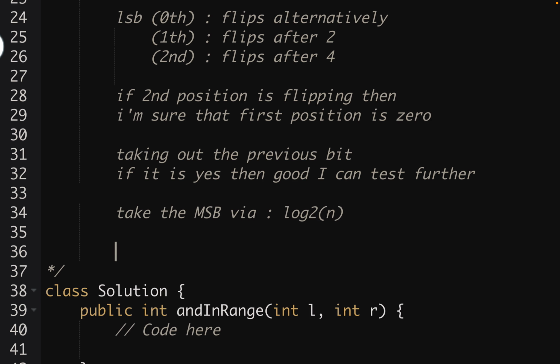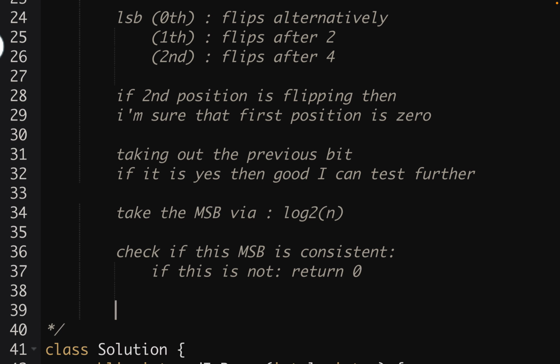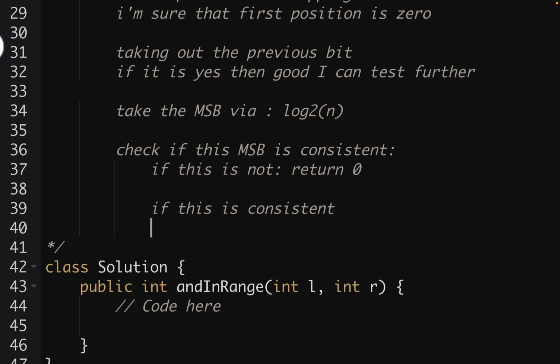But once we have an MSB, what we are going to do is check if this MSB is consistent. If it is not, then return 0, because if the MSB itself is not consistent, how can you expect the rest of the numbers to be consistent? But if it is consistent, then that's a good one.